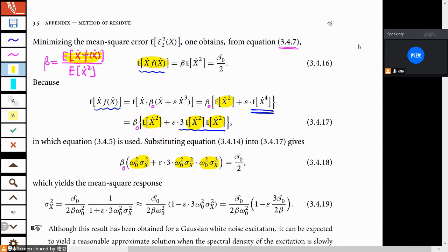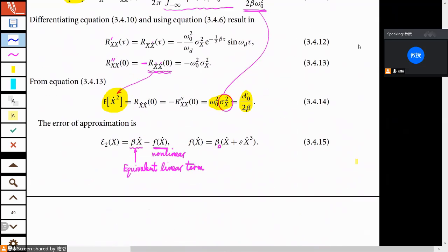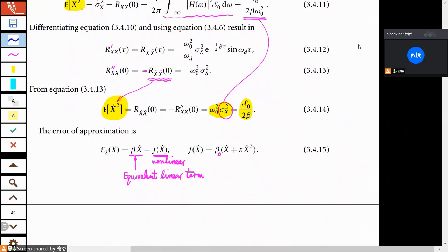Then we have this. Now S0 over 2, from this equation, is beta times omega 0 squared sigma x squared.